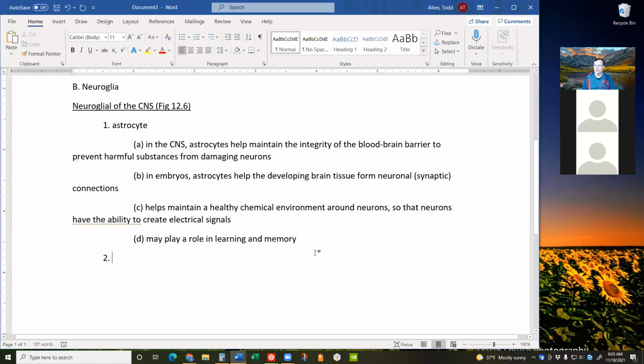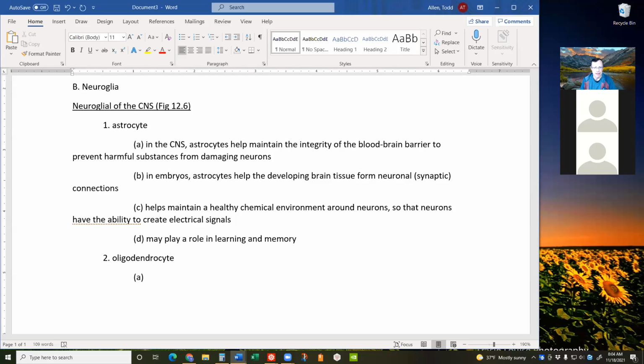The second type of neuroglial cell in the central nervous system that we'll put down in your notes is the oligodendrocyte. Oligodendrocytes are significant because these are the cells that form myelin sheath in the central nervous system.